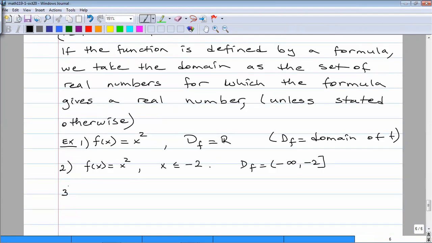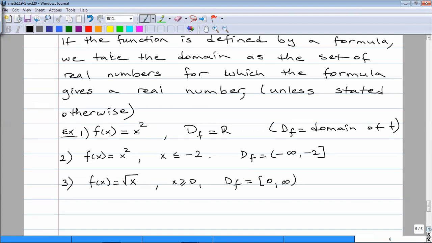What kind of restrictions can we get from the formula? For example, if your formula is the square root of x, in order to get a real number, you have to take x greater than or equal to 0. In this case, our domain is the interval from 0 to infinity.